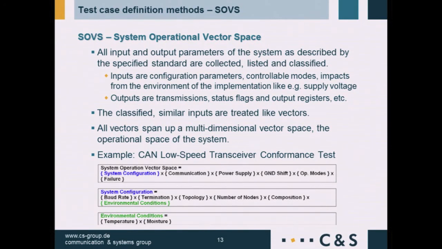And within each element of those vectors, we could define sub-vector spaces. For example, if we take system configuration, then a sub-vector space will be composed of different elements like baud rate, termination, topology, environmental conditions, and a sub-vector again: temperature, moisture, and so on.